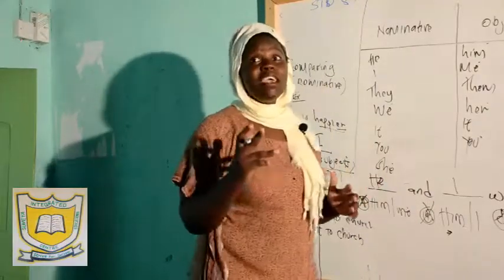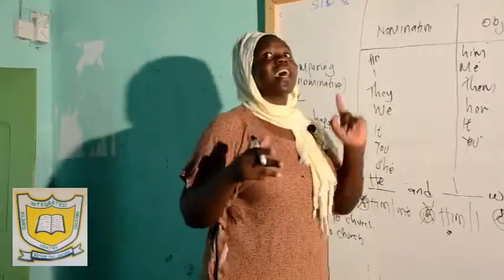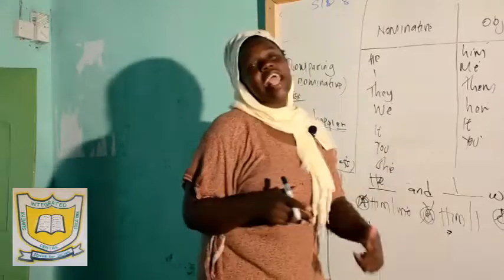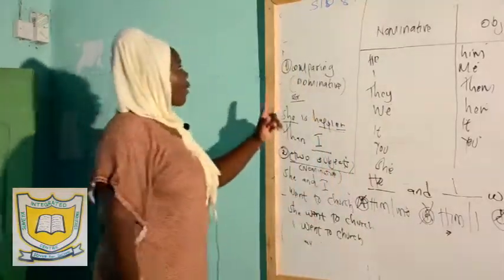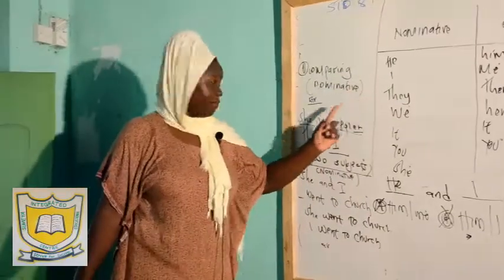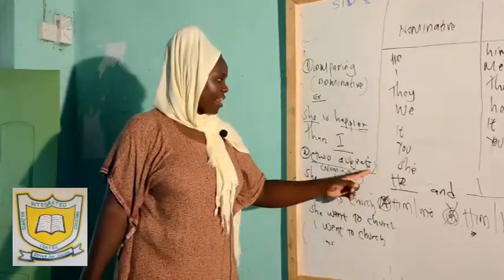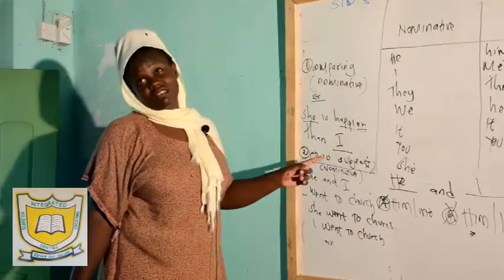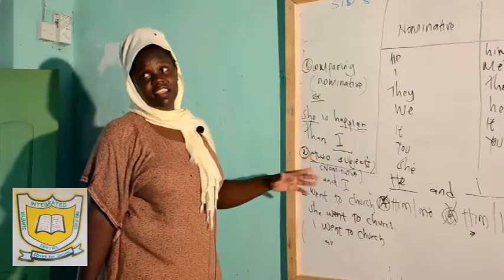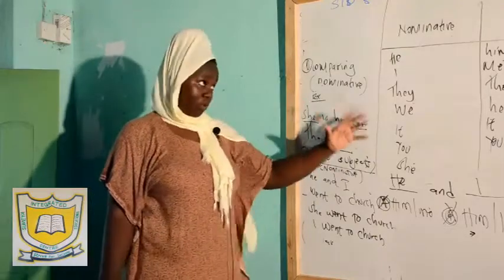Now, me is the objective. It receives an action. I is nominative. It is the doer of the action. So when you are comparing, use nominative. And when you have two subjects, also use nominative. Subjects, doers of the action in a sentence, use nominative pronouns.